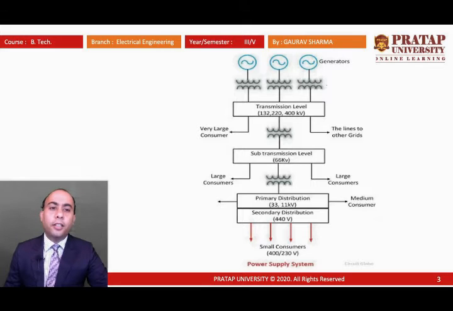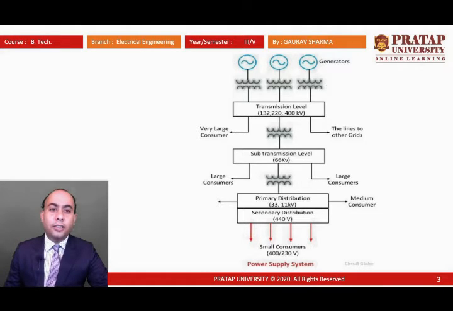Now, when we look through the structure of our power system, you can easily see this picture. We have generation, generating by the thermal power plant or by the nuclear power plant or by the gas power plant, whatever. We are generating our electricity at 11 kV.